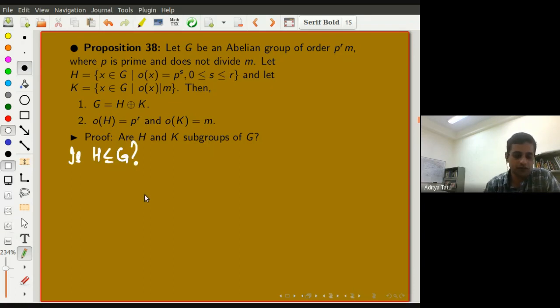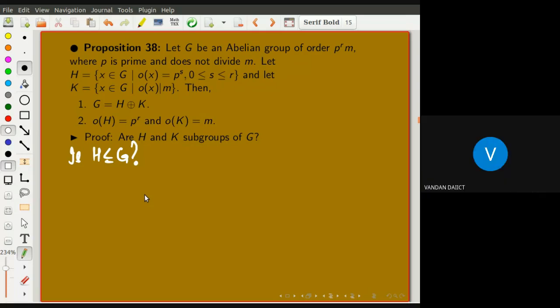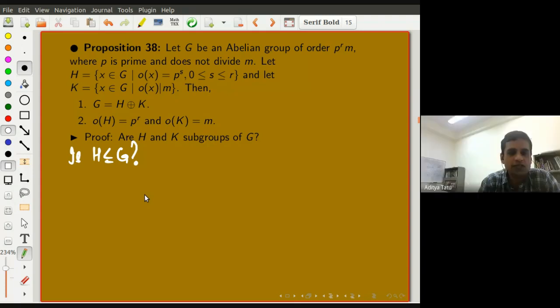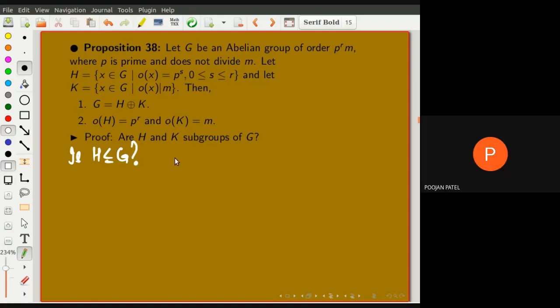What do we need to show? Closure and inverse, or remember, can H be an infinite subset? No. So only closure.